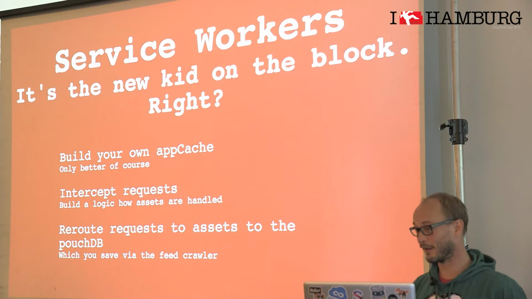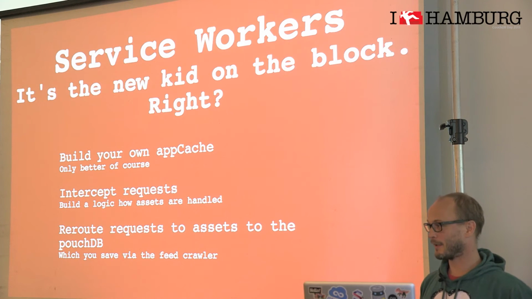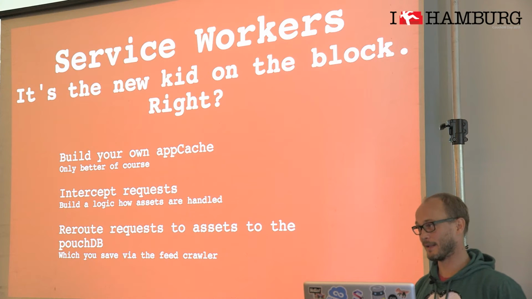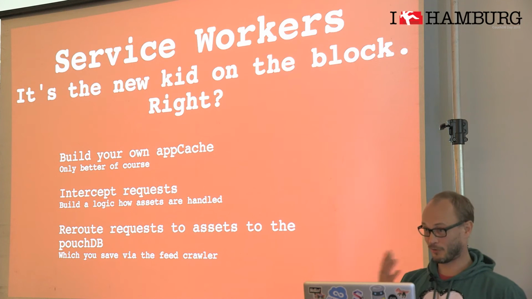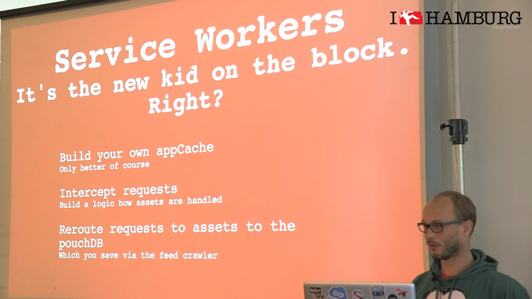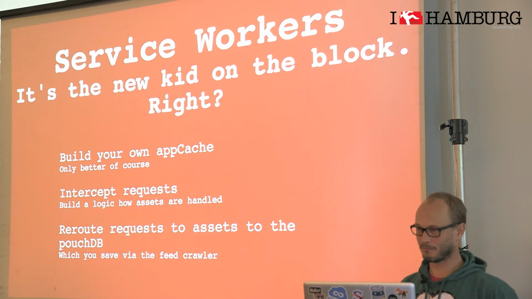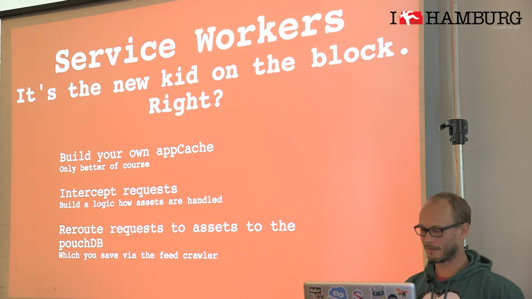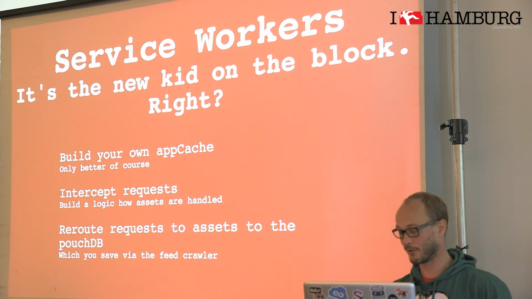You could put it in the CouchDB and sync it to PouchDB as an attachment to the document. You could put it in local storage, maybe not, but somewhere else. And you can have the service worker do the rewrite of the request to that image.